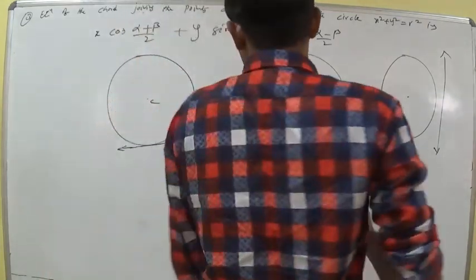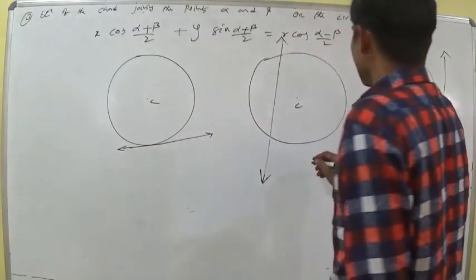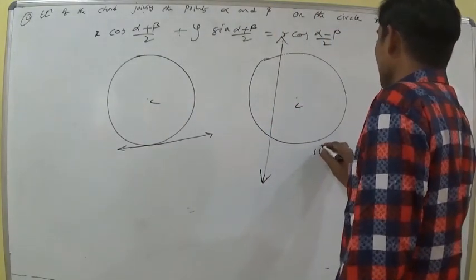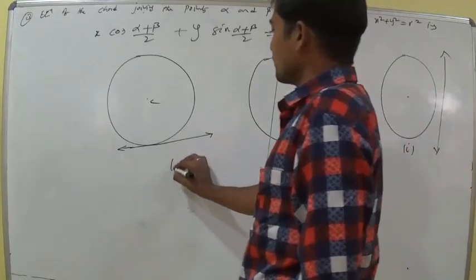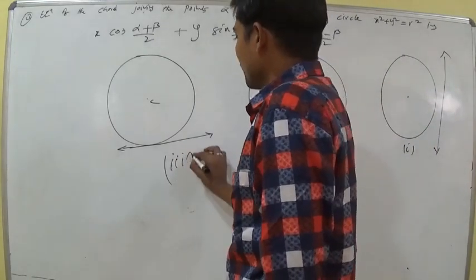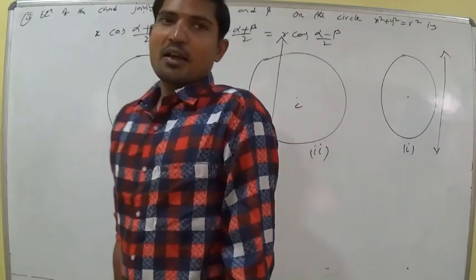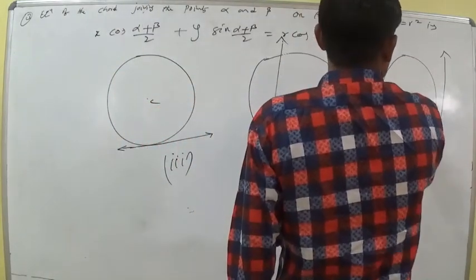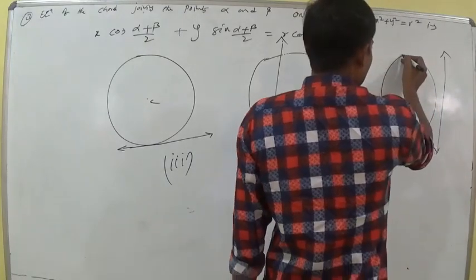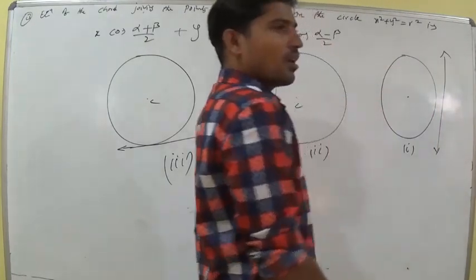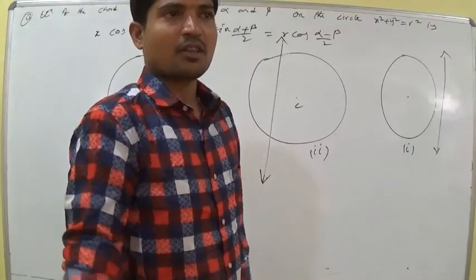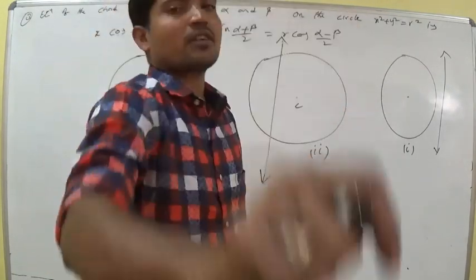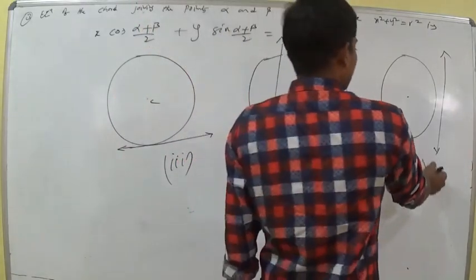Here, these are the three cases. Suppose case 1, case 2, and case 3. When the line does not meet the circle, there is no relation between the line and the circle, so leave this case.